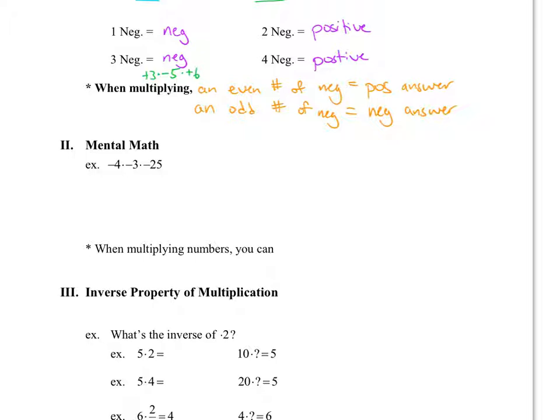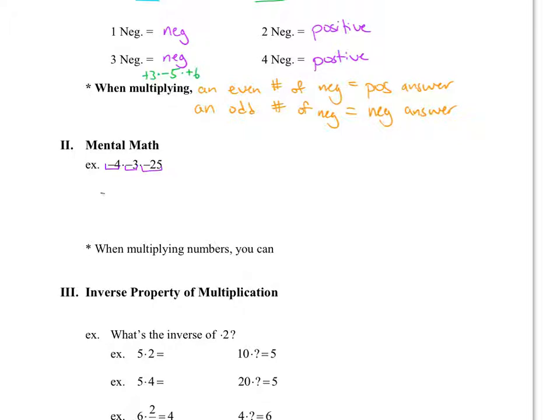So now we do some mental math here. You could do negative 4 times negative 3 and then do times negative 25, but that can be difficult. So let's think of this as a negative 4, a negative 3, and a negative 25. We said we could change the order of that because it's all multiplication.